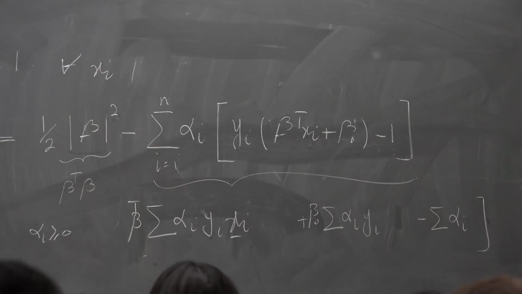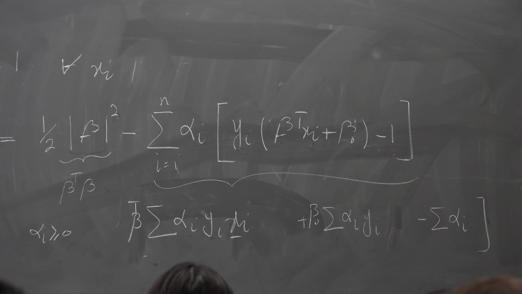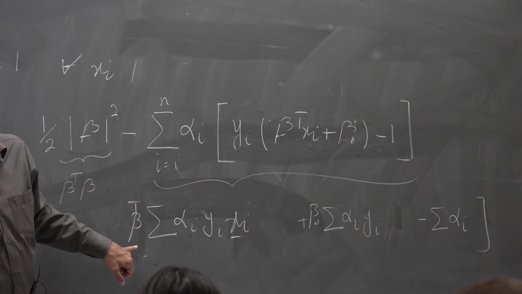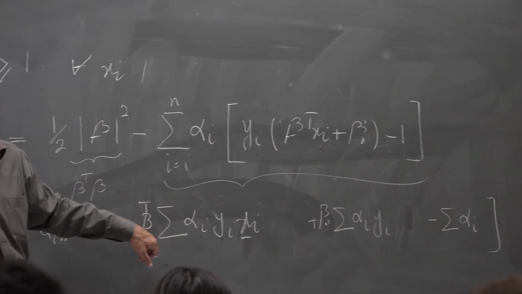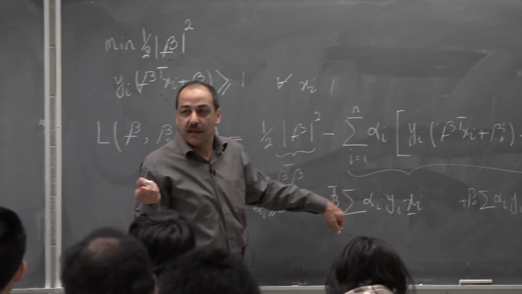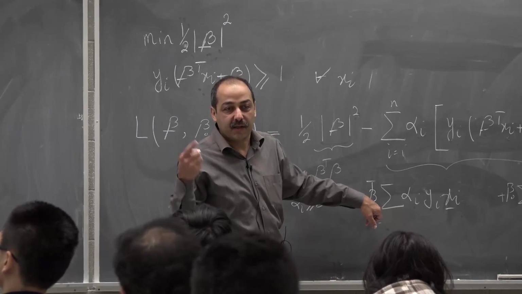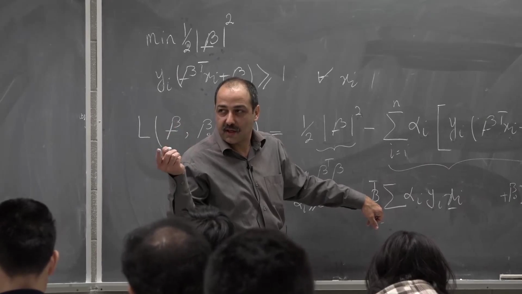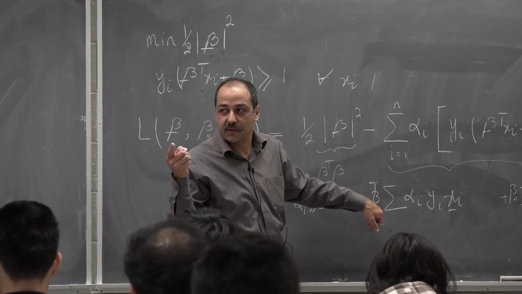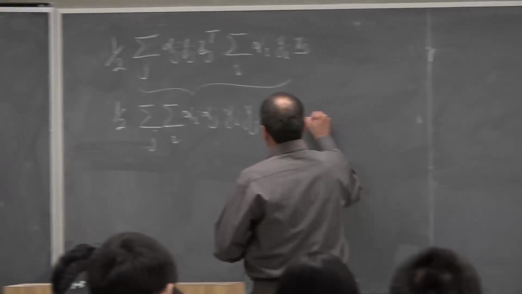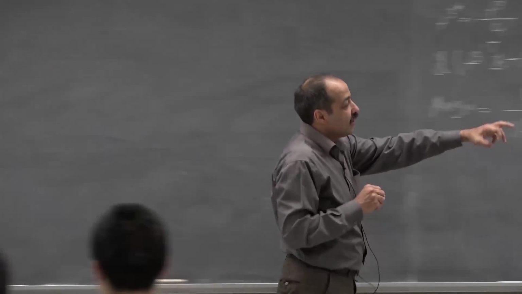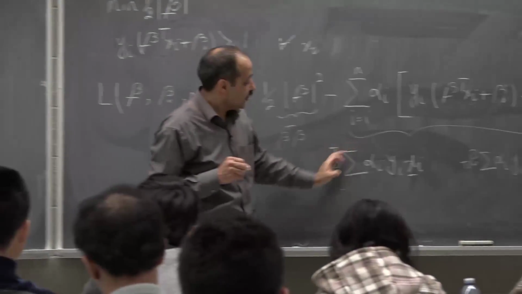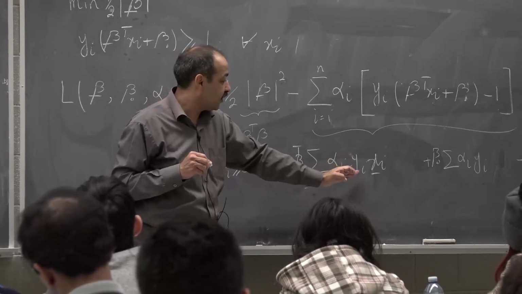Okay, now if I want to write it in terms of the dual variable, I have to write this beta transpose in terms of my dual variable, which is the summation of alpha i, yi, xi, transpose, right? So basically it's going to be negative. Beta transpose would be the sum of alpha i, yi, xi transpose, and then I have another summation, alpha i, yi, xi.